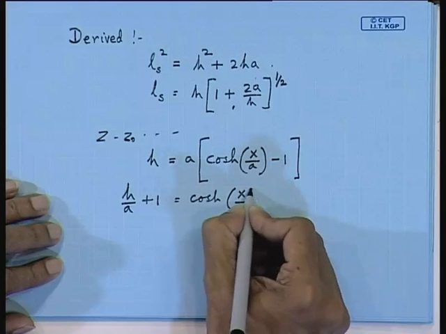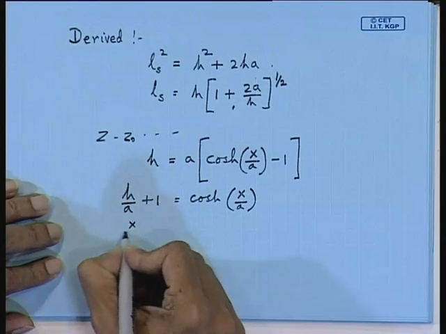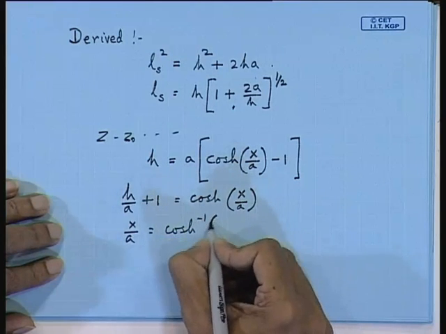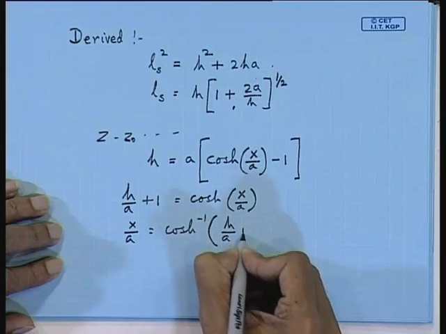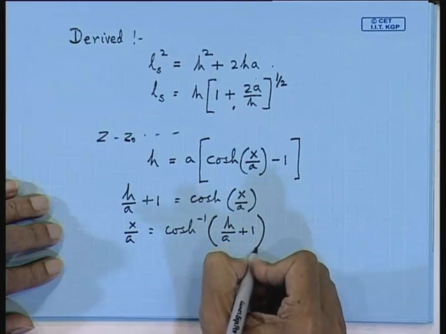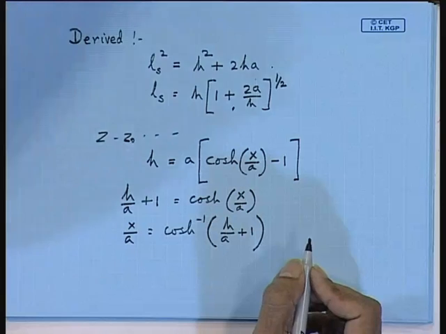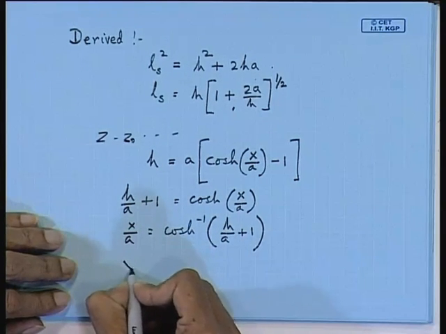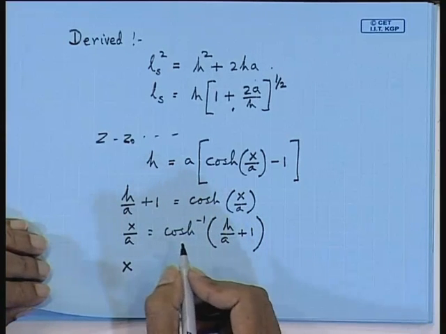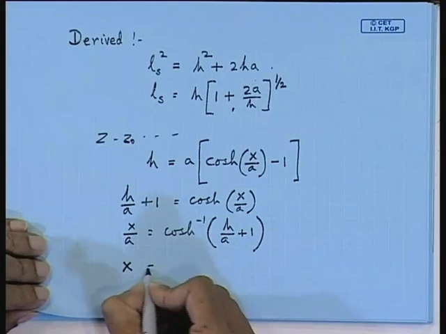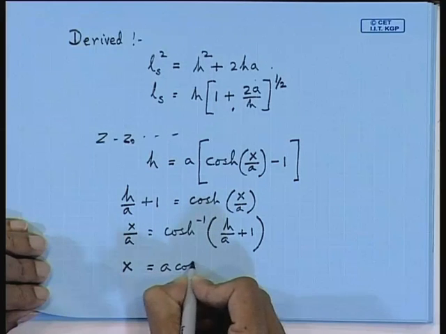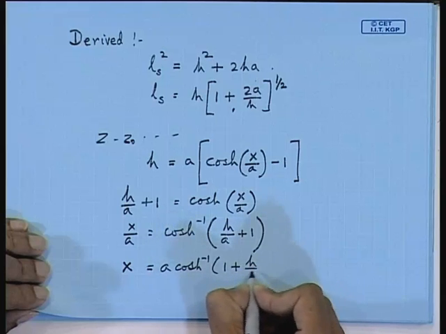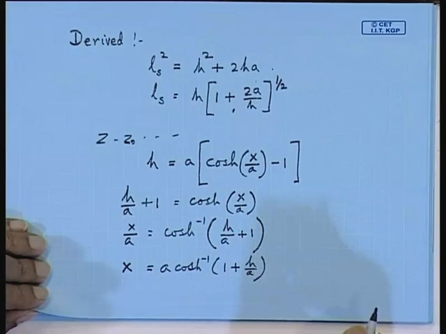From this we can get x by a, that is cos hyperbolic inverse of h by a plus 1, or 1 plus h by a. So, this expression we can derive. Now you can write down the full expression for the length of the line. So, x is equal to a cos hyperbolic inverse of 1 plus h over a. Alright.